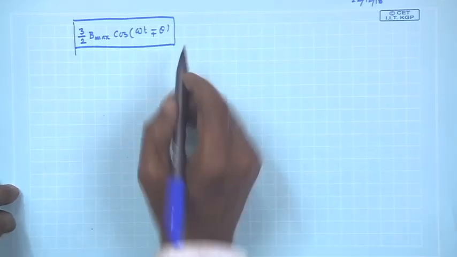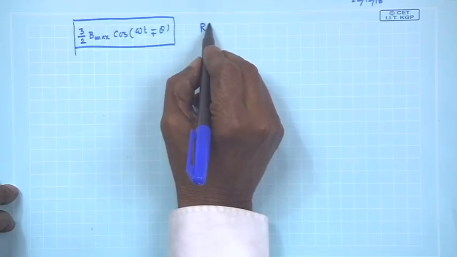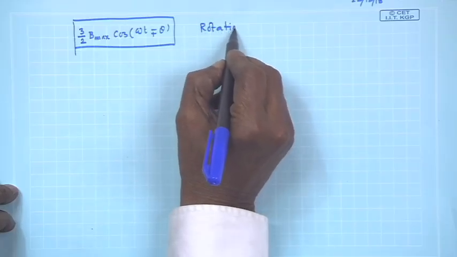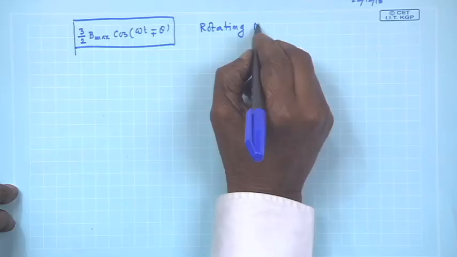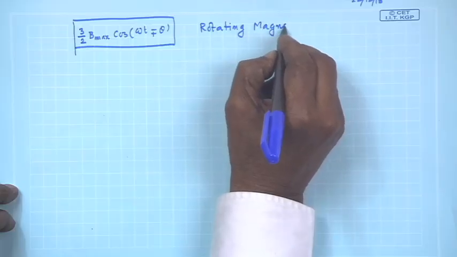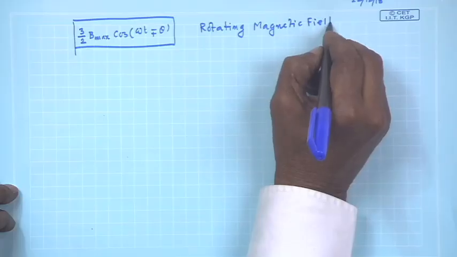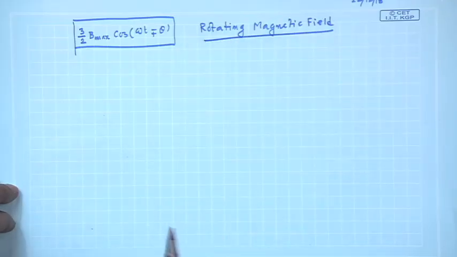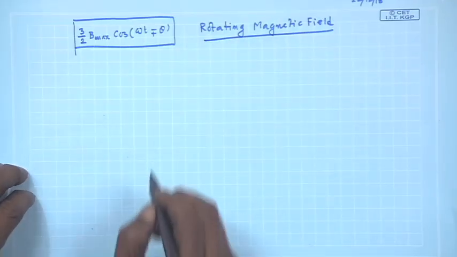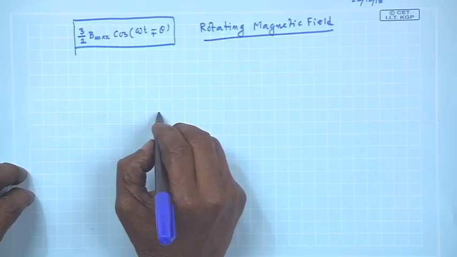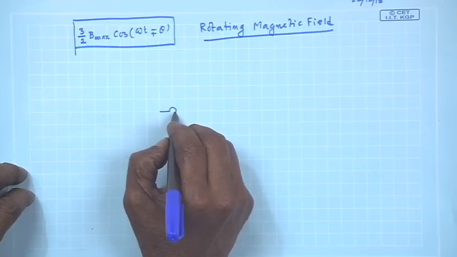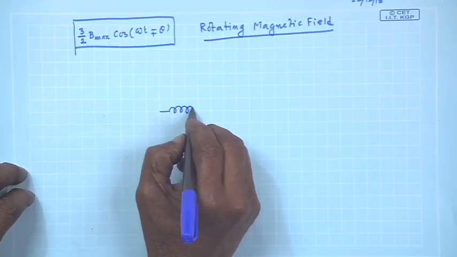So, let us start. We are discussing rotating magnetic field and its various aspects. After doing all these windings, let me draw this.